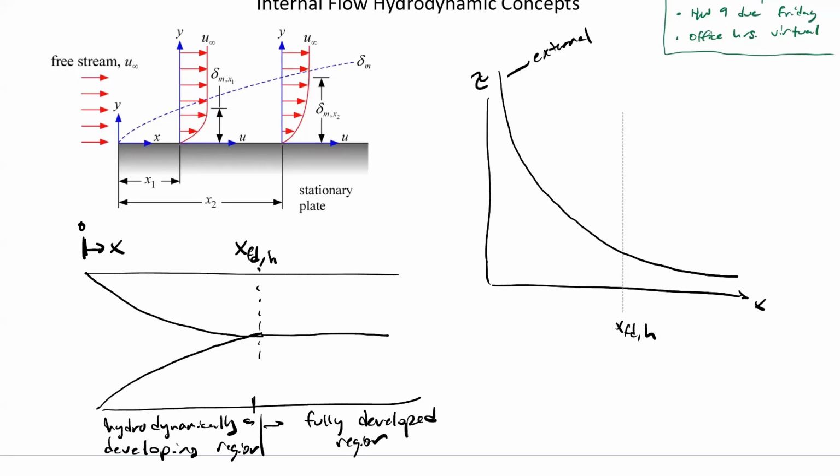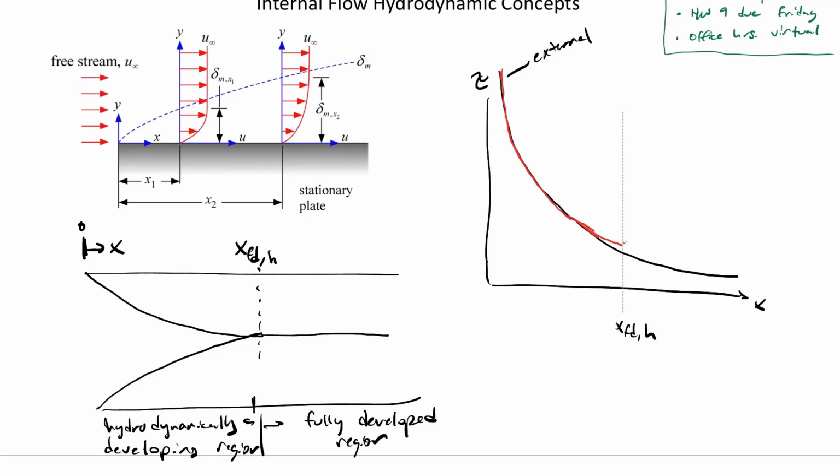What's going to happen for internal flow? Well, we have the same in the developing region. We have this overlaying line that's doing exactly the same thing. But then once you get to the fully developed point, we no longer have any change in our boundary layer thickness. The boundary layer thickness becomes constant.